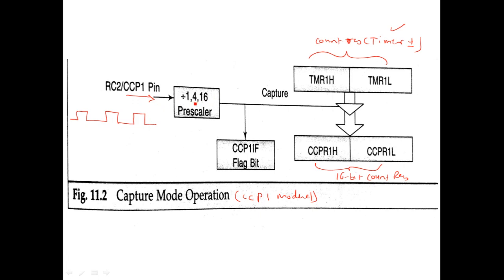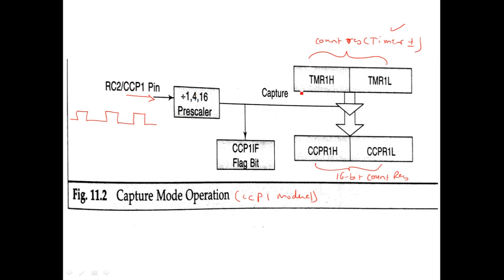Now there is a prescaler. It is not the prescaler of the timer. The timer has a different prescaler. This is the prescaler of this CCP module. It divides this frequency, or the number of pulses per second, either by 1 or 4 or 16. So what happens is like this.